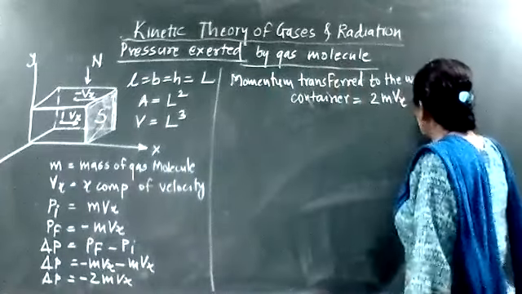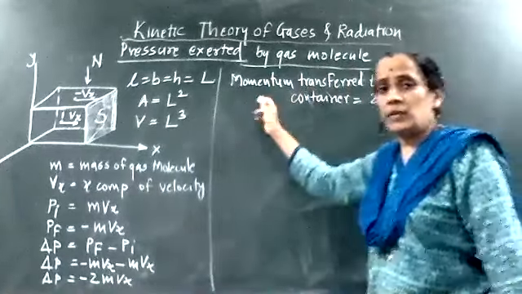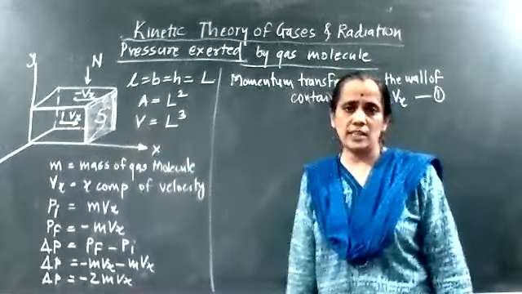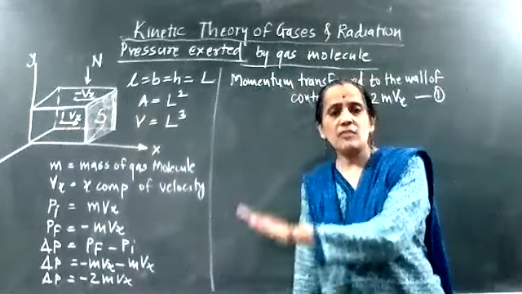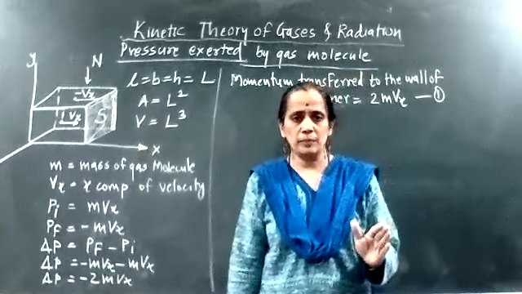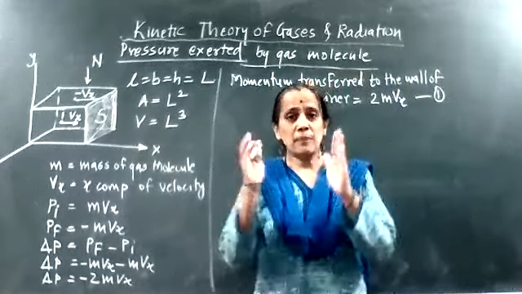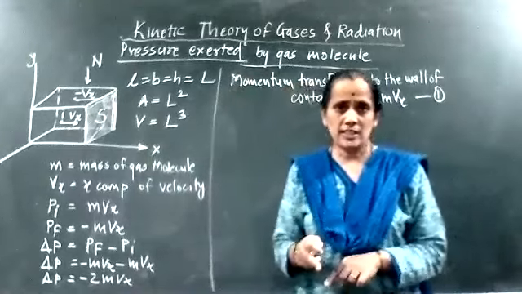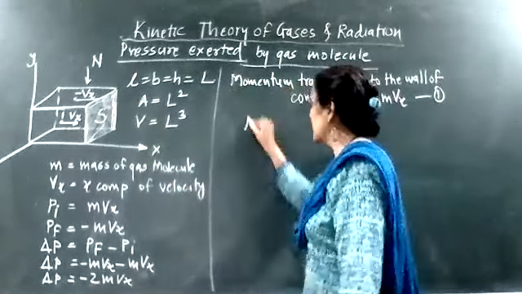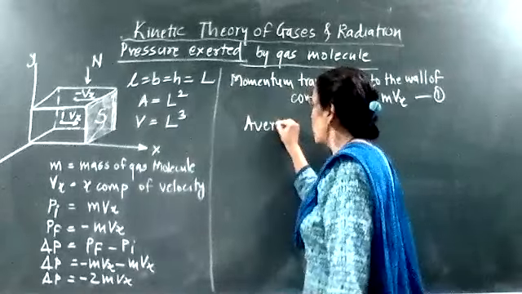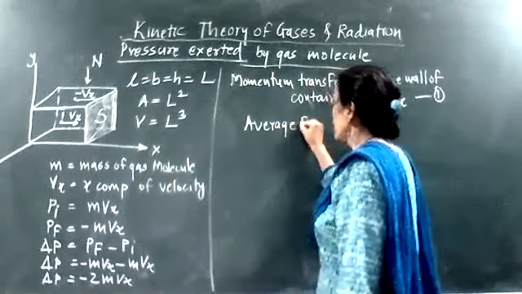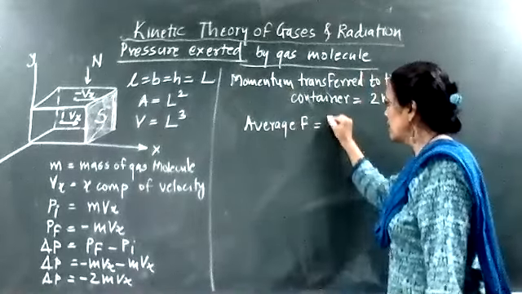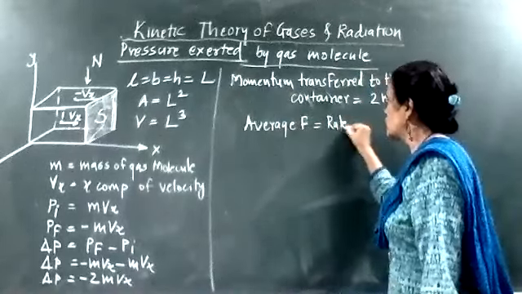Then, when your molecule collides with the surface S, the surface will exert a pressure. That pressure will be exerted by surface area S. Therefore, I can say that the average force exerted is nothing but the rate of change of momentum.